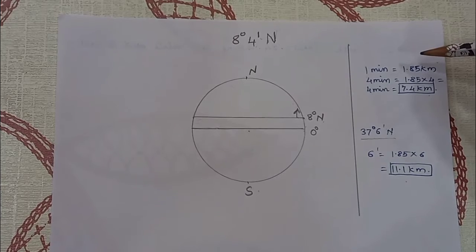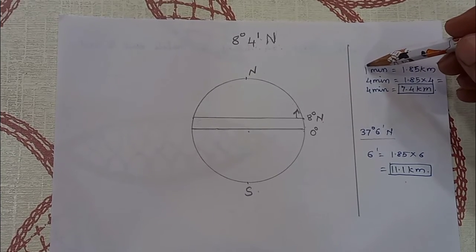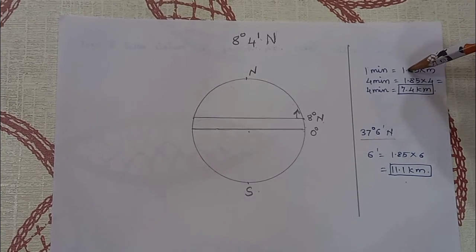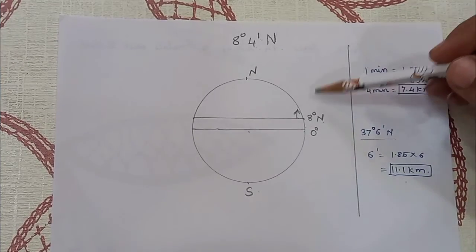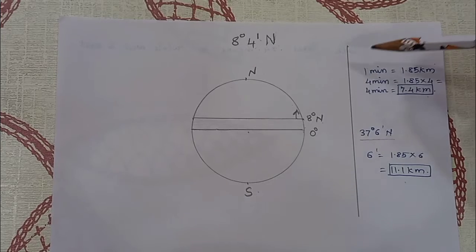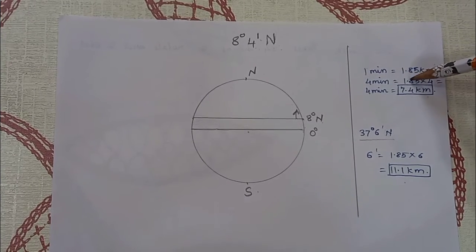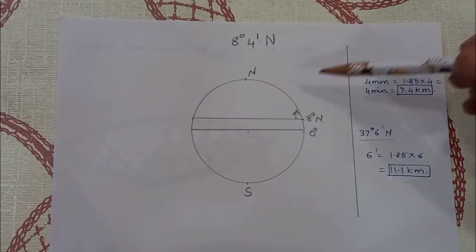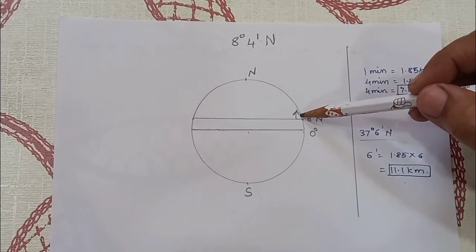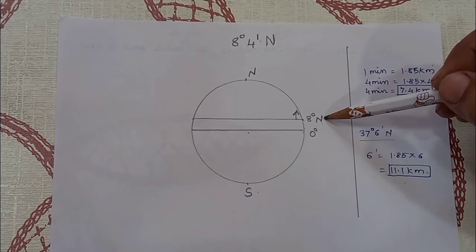So how many kilometers? We can see here 1 minute is equal to 1.85 kilometers. So in this case, 8 degrees 4 minutes north means 1.85 into 4, that is 7.4 kilometers ahead of 8 degrees north latitude.